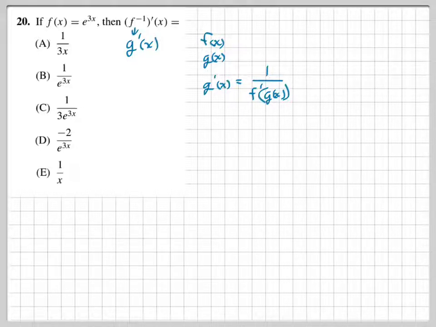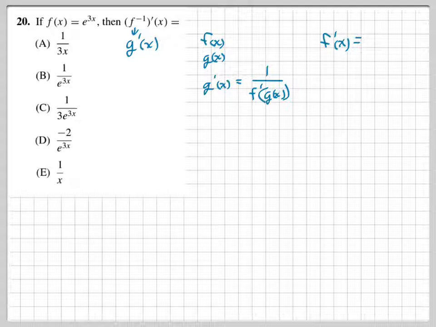All right. So we don't know what the inverse of this is right off the bat, but we do know how to find f prime. We just need to know how to find g. So first let's find f prime. To do f prime, we have a function inside of a function.